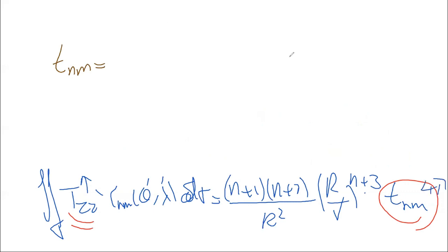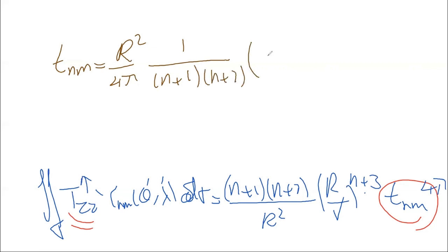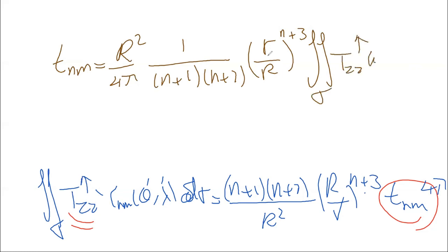It will be 1 over 4 pi, R squared, 1 over (n+1)(n+2) times (R over r)^(n+3), integral of T_zz at the satellite level, theta prime, lambda prime, Y_nm, theta prime, lambda prime d sigma.